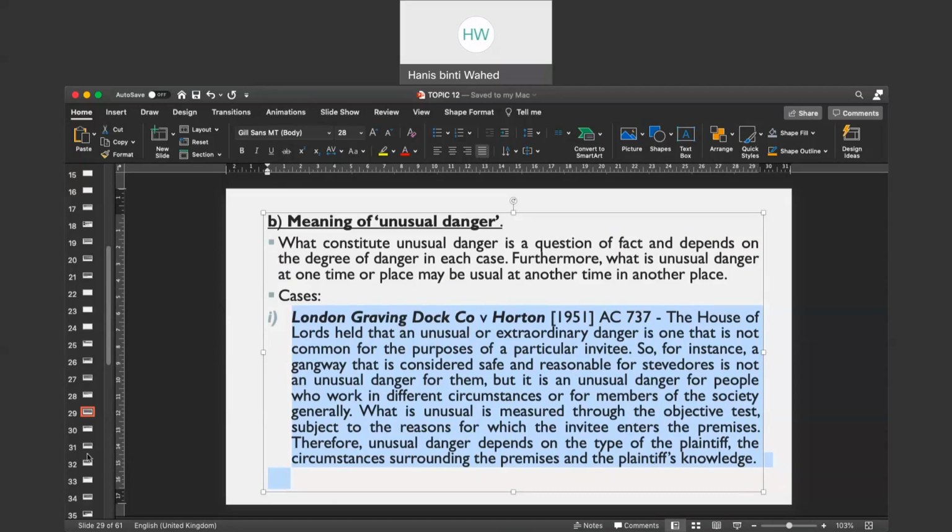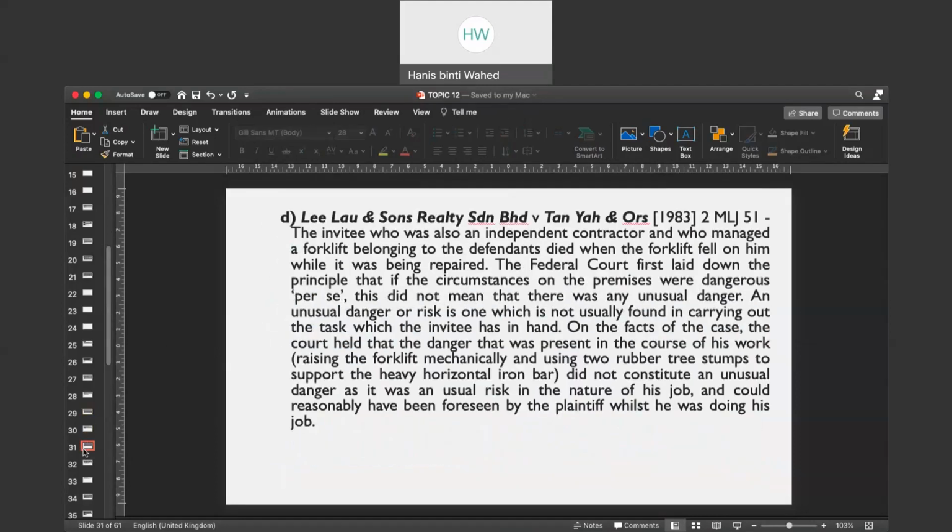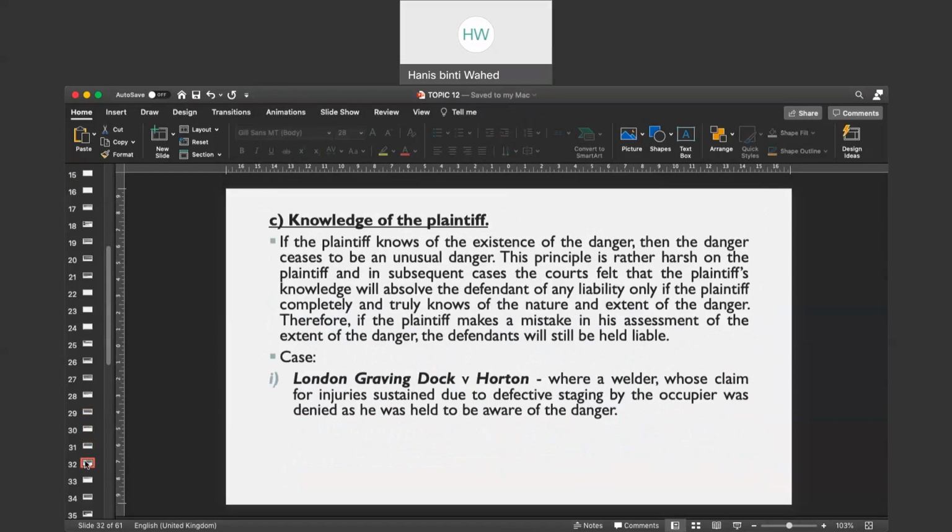And the third factor is what we call the knowledge of the plaintiff. The court will determine if the danger is not known to the plaintiff. If the danger is unknown to the plaintiff, then the conclusion that can be made is that the danger is unusual.